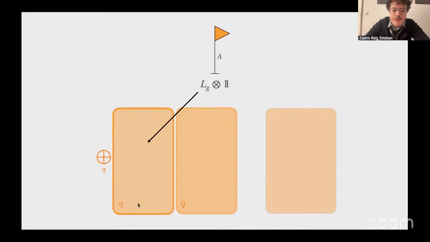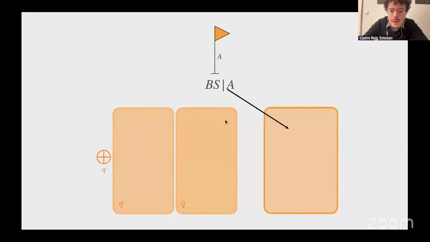All the things that are dependent on the reference frame E, to which Alice has no access, will be mapped to this left part of the regular representation. This is gauge for Alice. Now, the systems B and S relative to Alice will occupy a separate tensor factor, just like in ordinary quantum mechanics. This is what we wanted to do. A separate tensor factor here, okay?